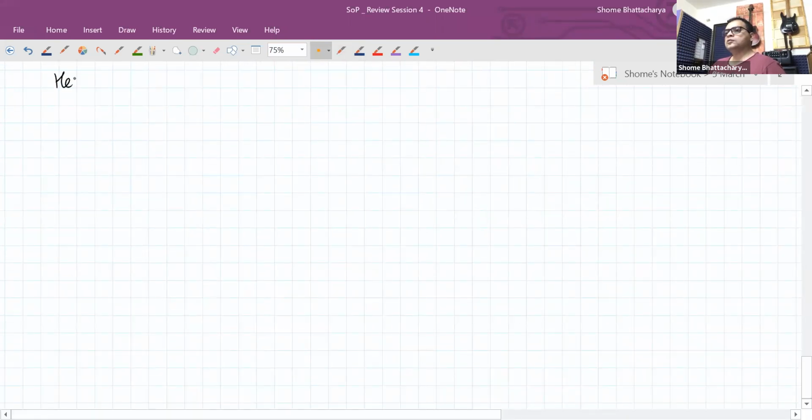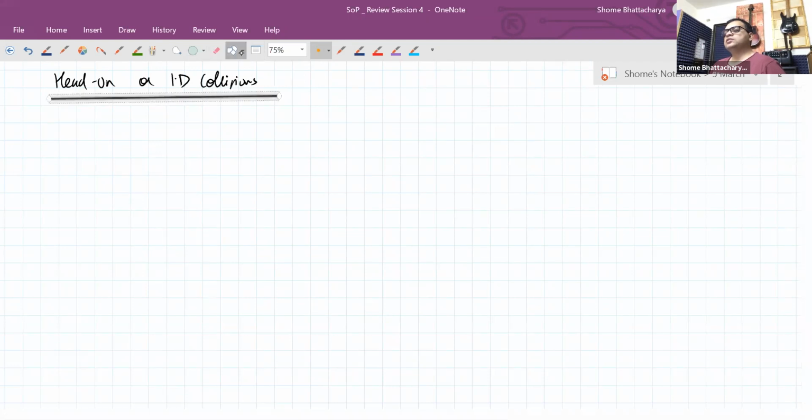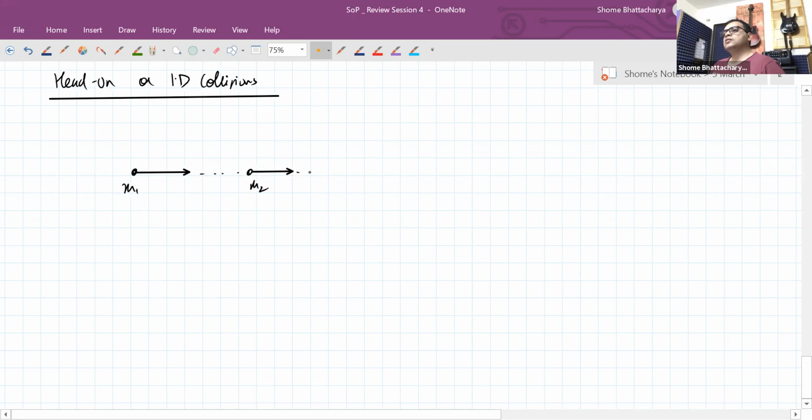Head-on or one-dimensional collisions in detail. Okay. So we take a generalized situation where the two colliding bodies or particles are of masses m1 and m2, and their initial velocity vectors along their axis of impact, or along the line of impact, are u1 and u2.